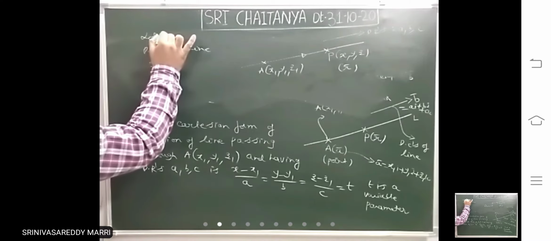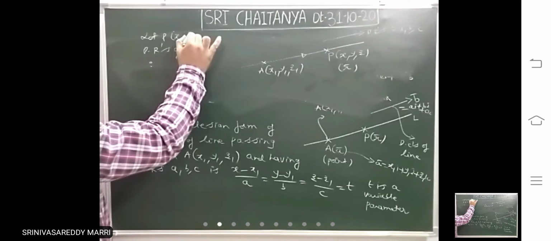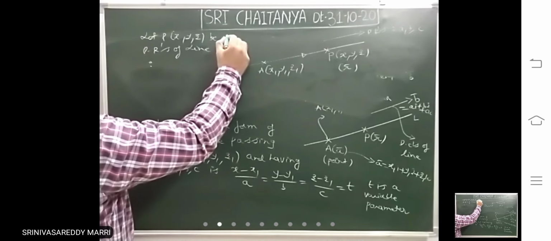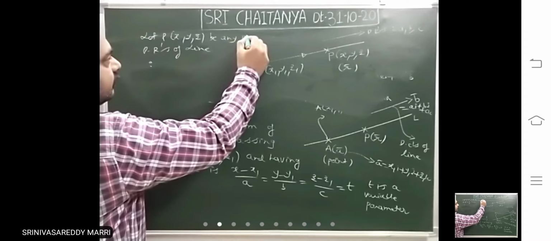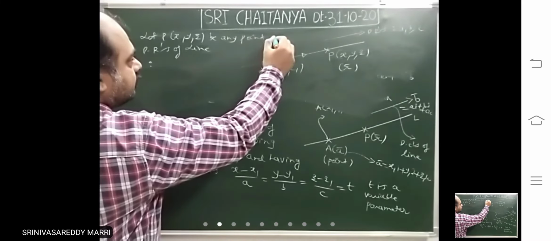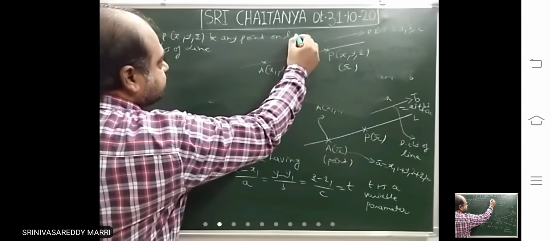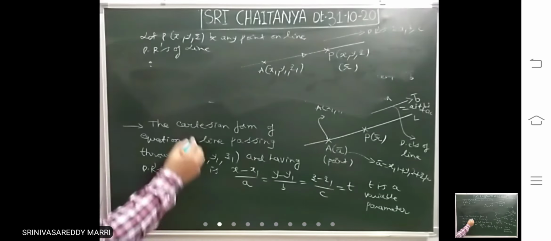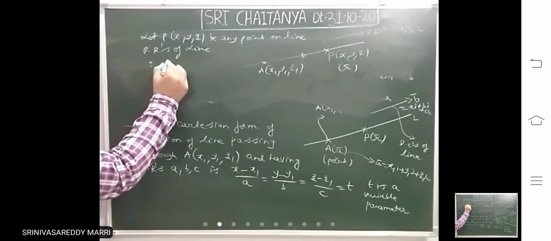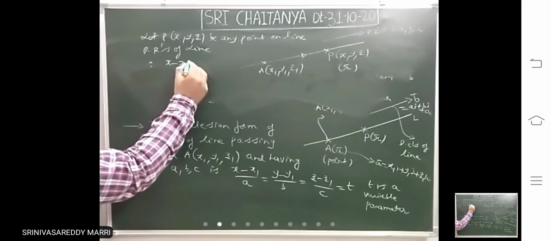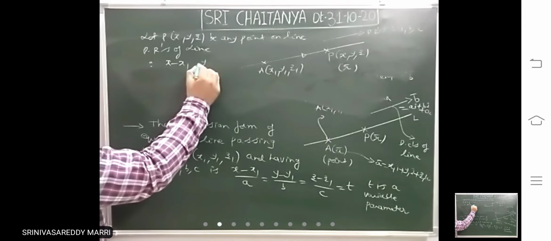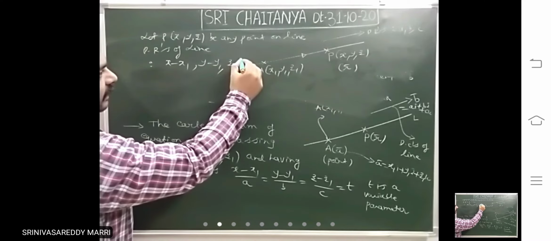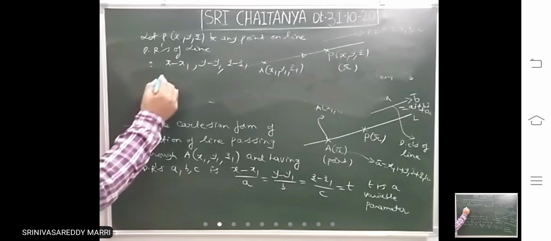First consider let P(x, y, z) be any point on the line, a general point. Now 2 points are there. DRs of the line are x minus x1, y minus y1, z minus z1.